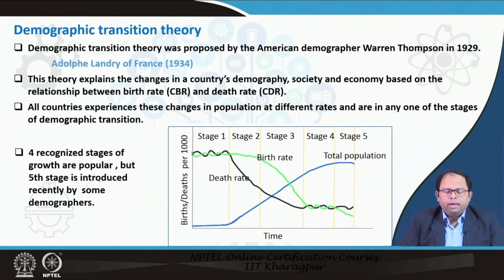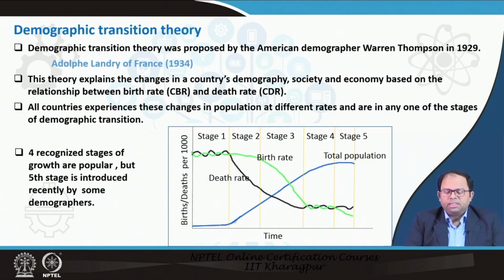For example, in this figure, you can see that the black line is the death rate and the green line is the birth rate. Initially, in the first phase, stage 1, birth rate and death rate are more or less similar or fluctuating. Sometimes birth rate is higher, sometimes death rate is higher, and the population is more or less stable, at a lower level. And then in stage 2, the death rate is coming down, and the birth rate is more or less stable.